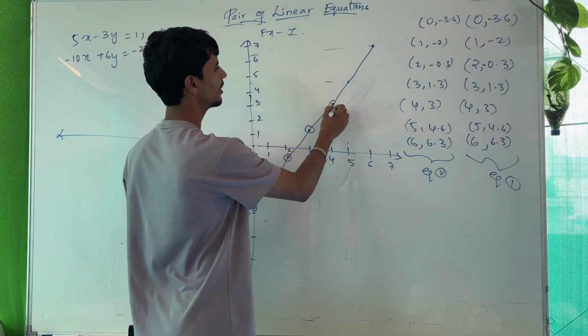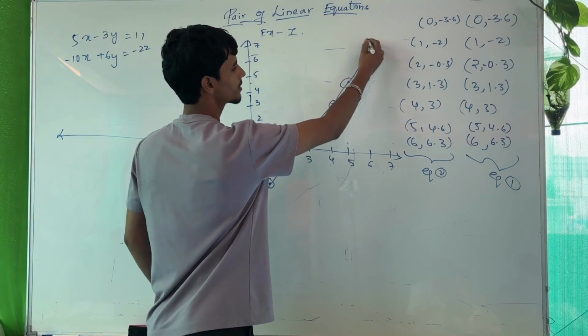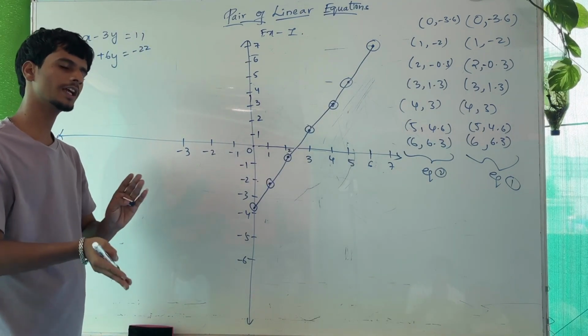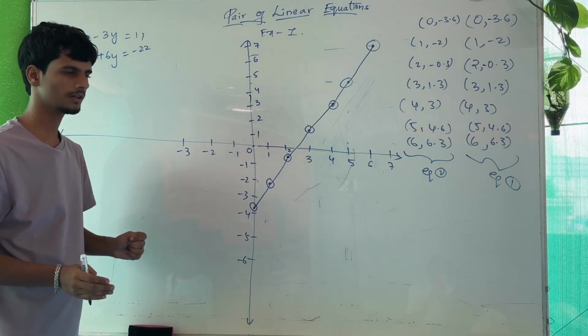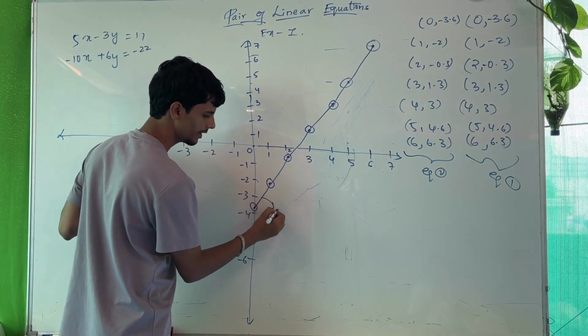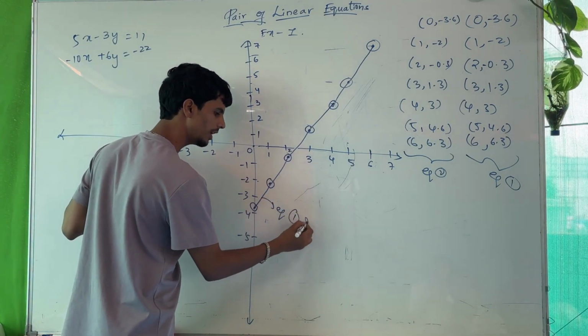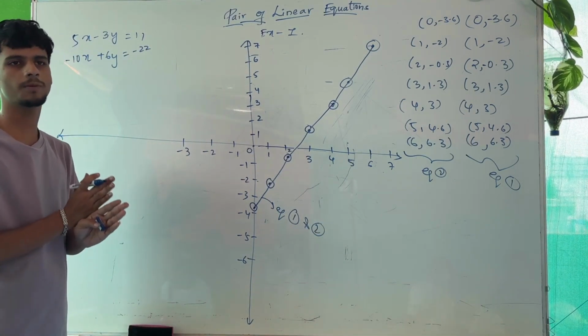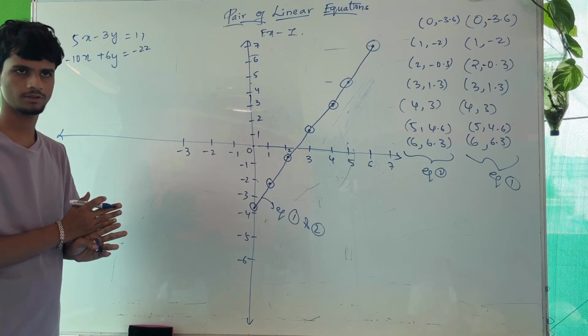Next 4 comma 3, next 5 comma 4.6, and then 6 comma 6.3. Here two equations are lying on the same points. So in this line there are two equations, equation 1 and equation 2, lying on the same points and going in the same path.